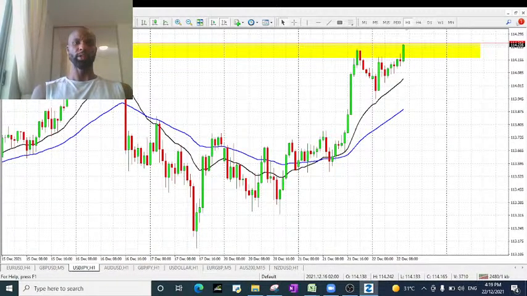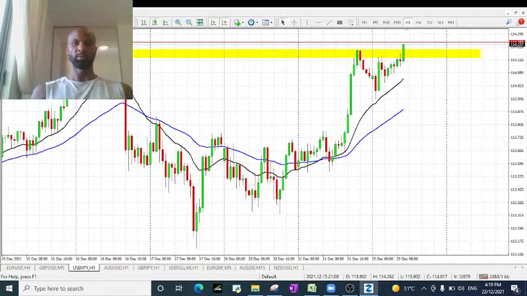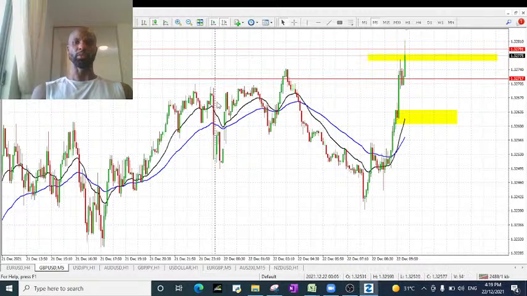Okay, looks like US yen is breaking this zone. The market is starting to move. London open.